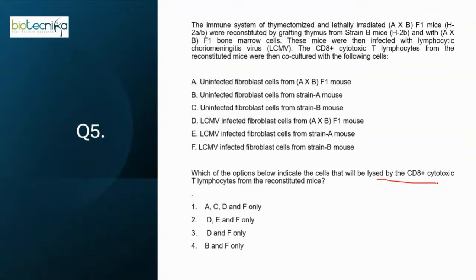So, what should it be? Okay, take your time.